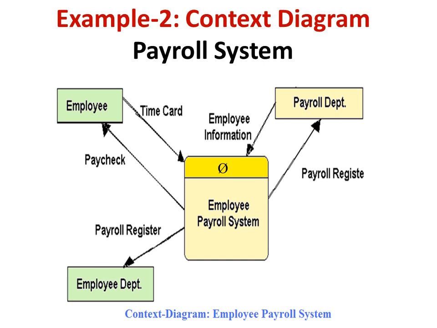You can see the data that is transmitted between the external entities and the employee payroll system. The employee debt entity just receives information regarding payroll registers from the employee payroll system.